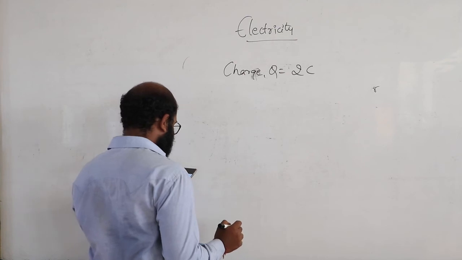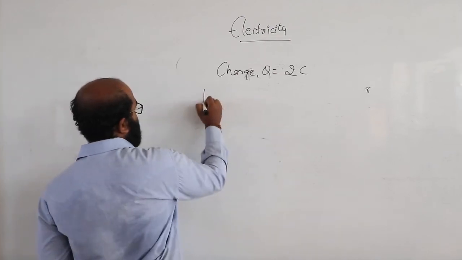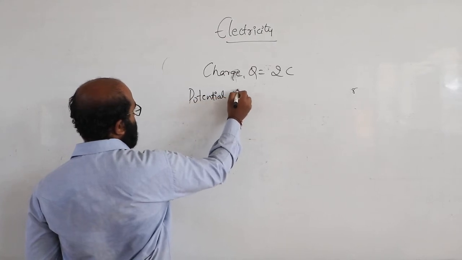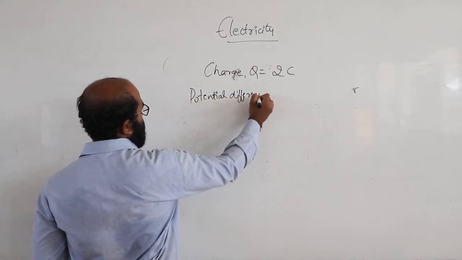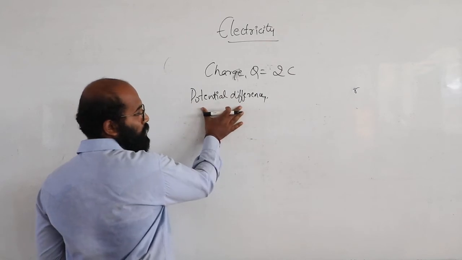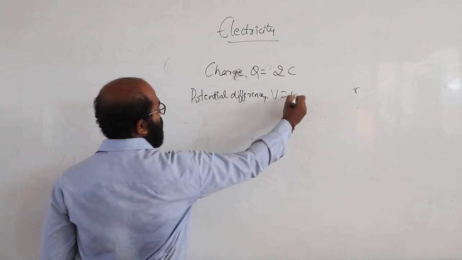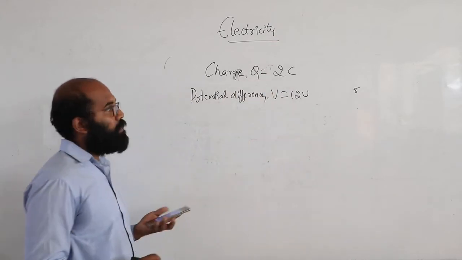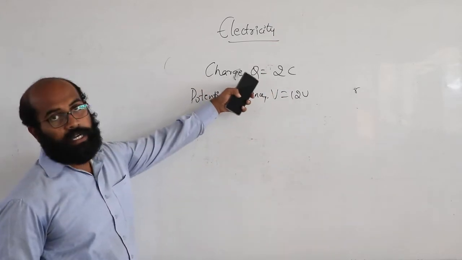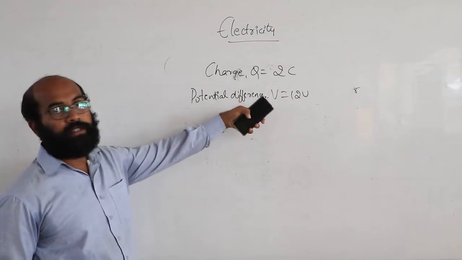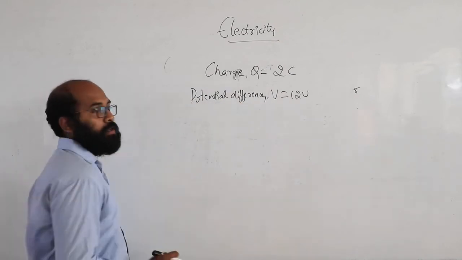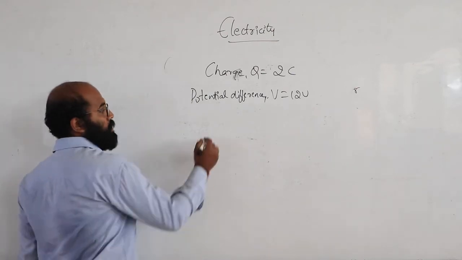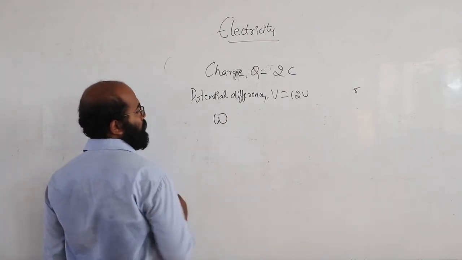They have also given potential difference. You need to write this properly. You can't just write V, that is 12 volt, or Q is equal to 2 coulomb. You have to write Q represents charge, potential difference is V, so 12 volt. They are asking how much work is done, that is W.